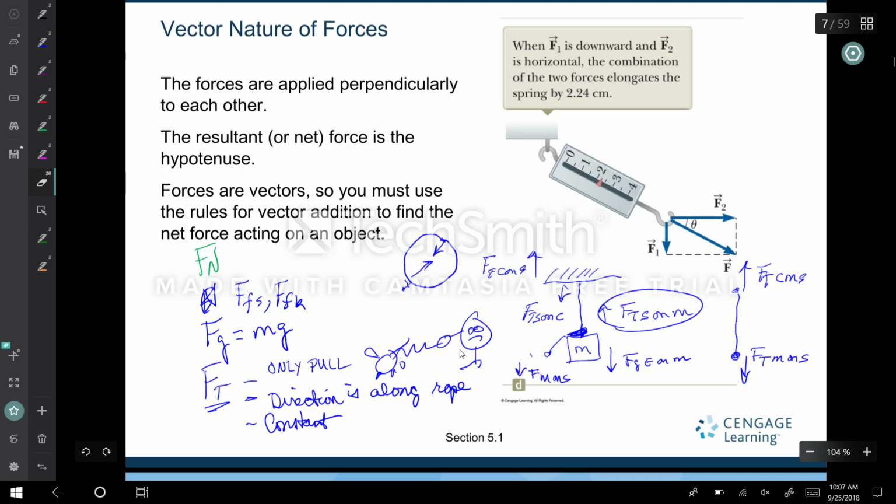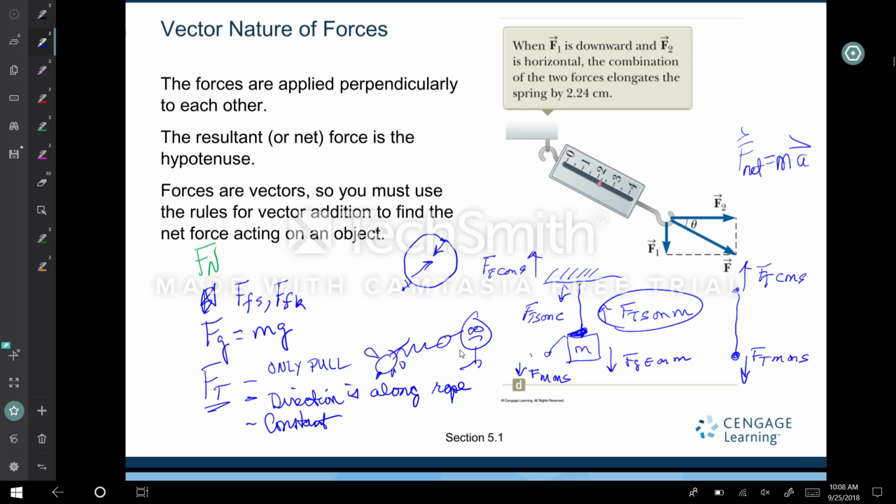With those two forces, if they were not equal in magnitude, what would that give me? It would give me a net force. And you know that if there's a net force, the string is going to accelerate.